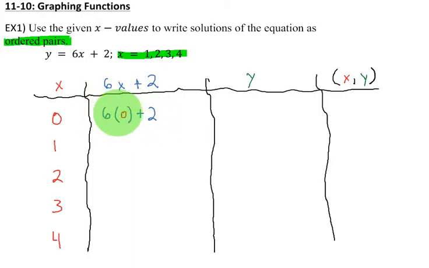Well, 6 times 0 is equivalent to 0. And if I add 2 to 0, I'll get the value 2. So my first ordered pair is 0 followed by 2. And let's go ahead and write that in.